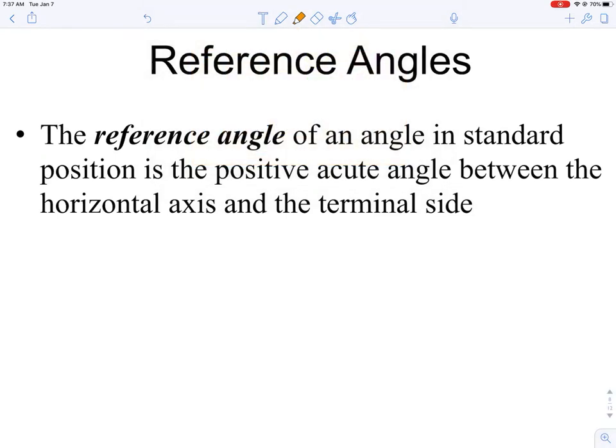A reference angle is a positive acute angle. So it is an angle from quadrant 1, an angle that's less than 90 degrees. And it's created between the horizontal axis, which is the x-axis, and the terminating side of the angle.